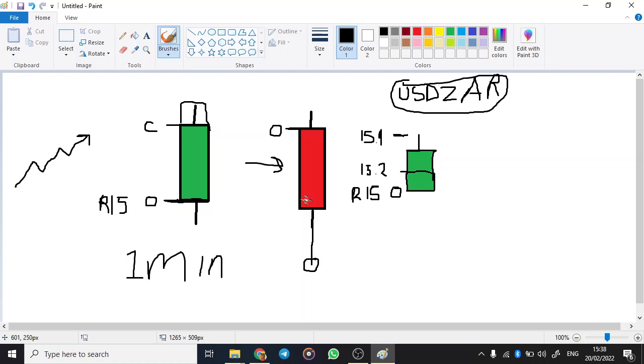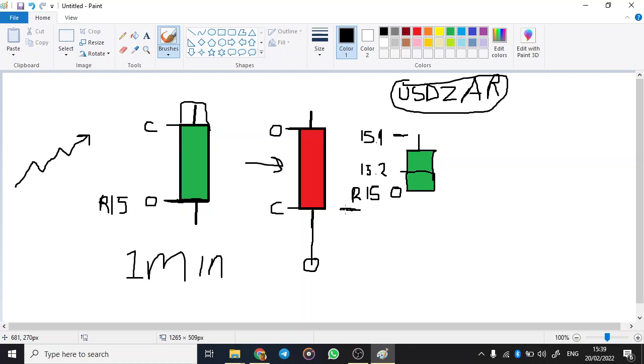The dollar has lost value to this level, but picked up some momentum and went back. And if the minute expires at this level, we will see the candlestick close. And the next candlestick has to open right where the previous one closed. But we don't know what color it is going to be.